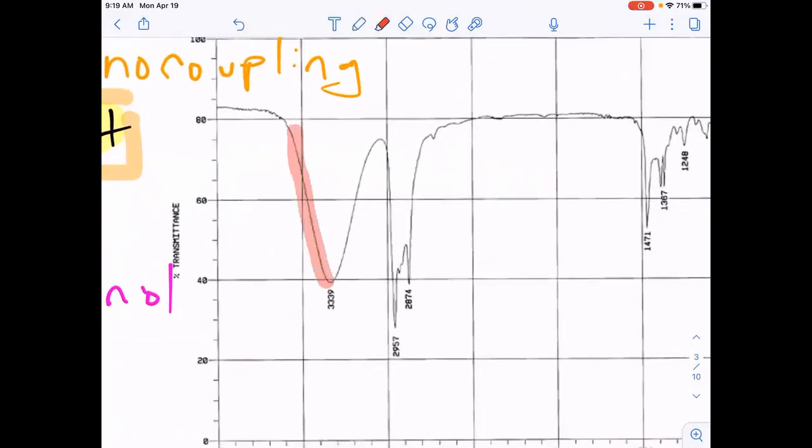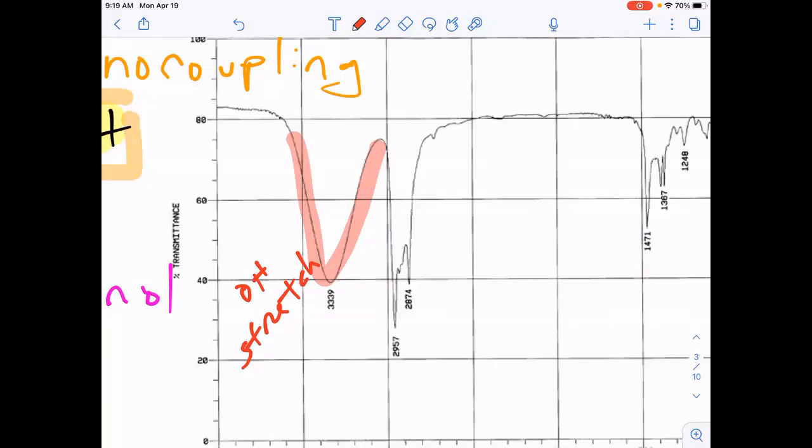Yes, that's exactly right. This is an OH stretch. It's always going to show up at a similar wave number, 3,300, 3,400, but it's the broadness of it that gives it away. It's a fat, broad stretch. And so that OH stretch, if you see that, you know that you have an alcohol group present.